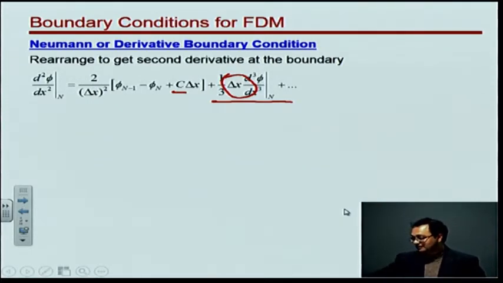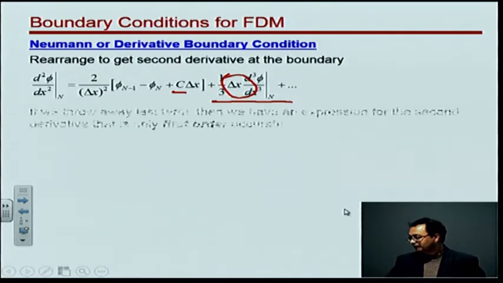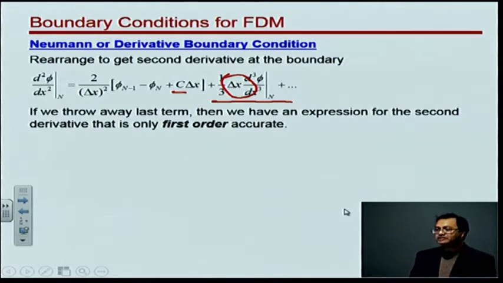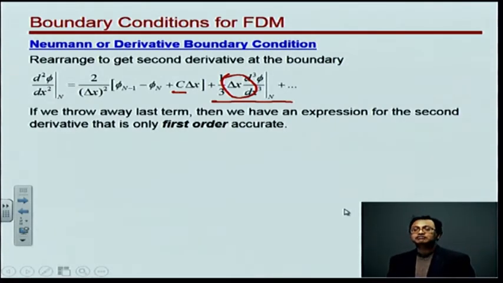Now it has some error just like for the interior nodes, and it turns out that in this case this expression is only first order accurate because it's delta x to the power 1, as opposed to the interior nodes which had delta x to the power 2. Okay, be that as it may, let's say now we want to satisfy our governing equation in addition.